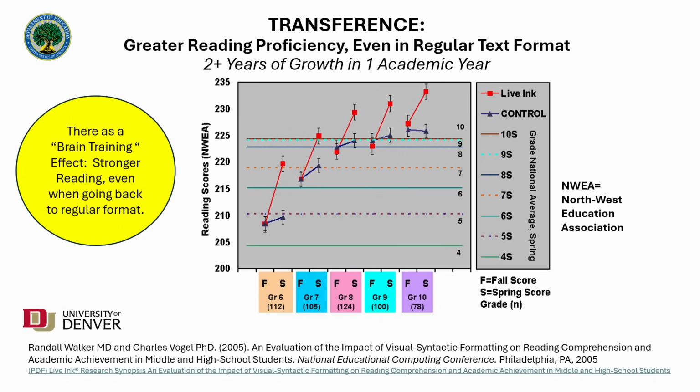The studies from grades 6 through 10 on this graph show that while the control group made what would be an expected 1 year's growth in their performance on reading proficiency tests, the students who had been randomized into VSTF groups showed 1 or more additional years of growth.